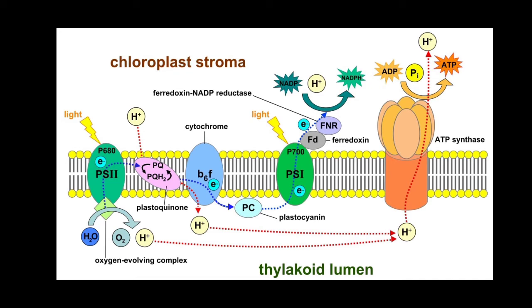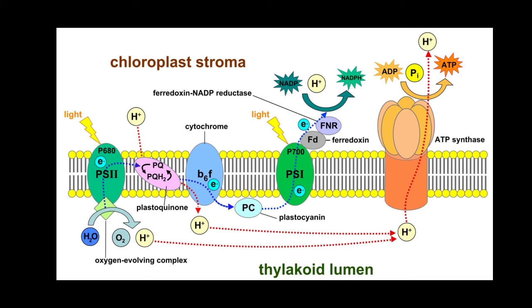It will transfer the electron to plastocyanin. Plastocyanin is like a transporter. It takes this electron and moves straight to photosystem 1, written as P700, which means it absorbs the 700 wavelength of light, red.